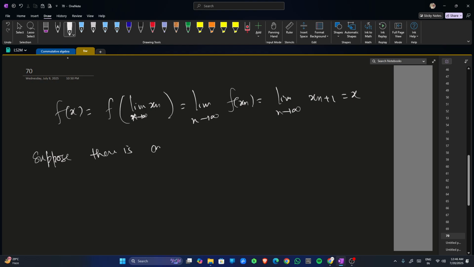Suppose there is another y not equal to x such that f(y) equals y.